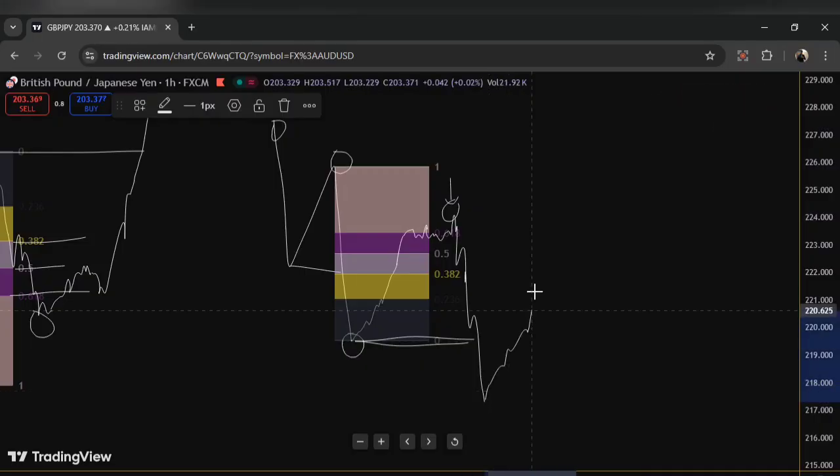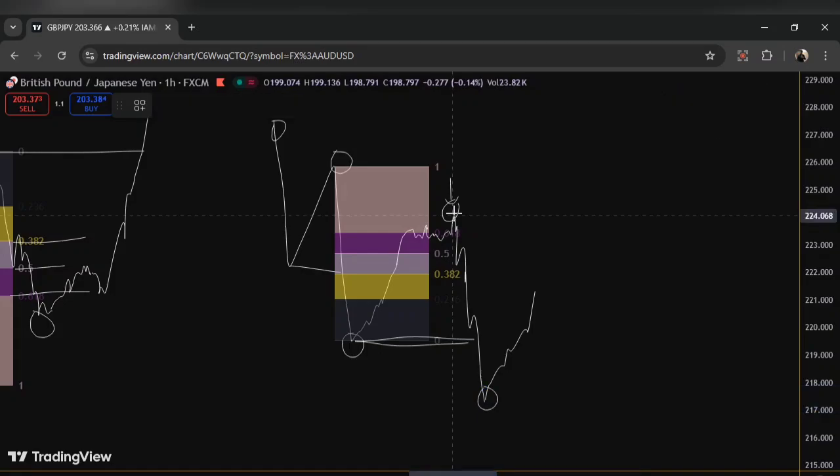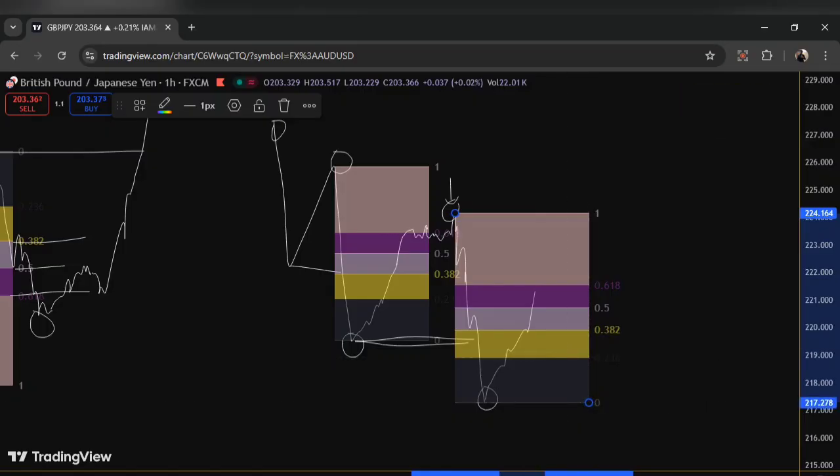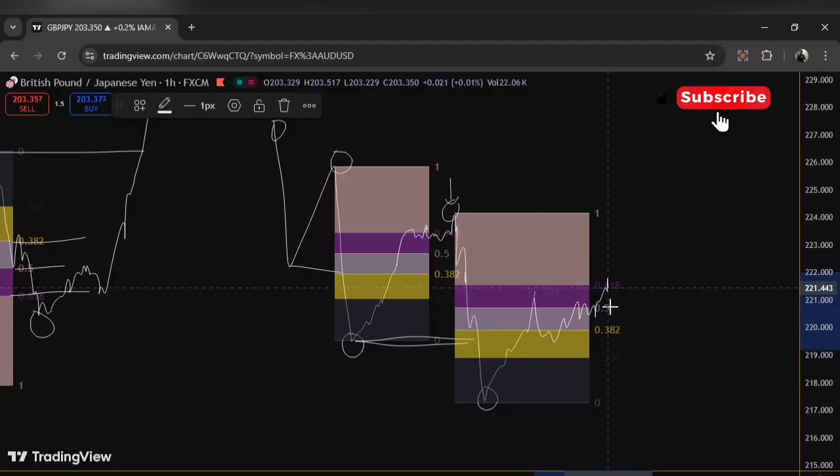Then when the pullback starts coming in, we've established a swing low. Then we connect our Fibonacci from our swing high to our swing low, and we start looking at how price reacts when it comes to these Fib ranges, right? And we look for our entries around there.